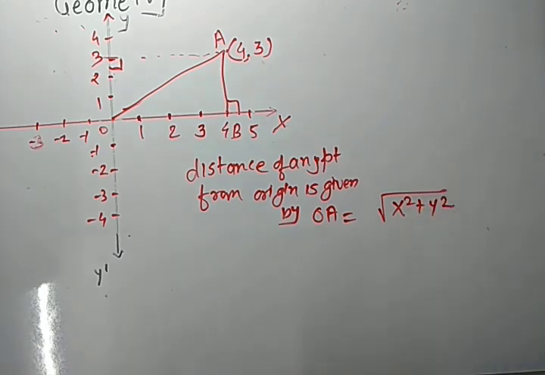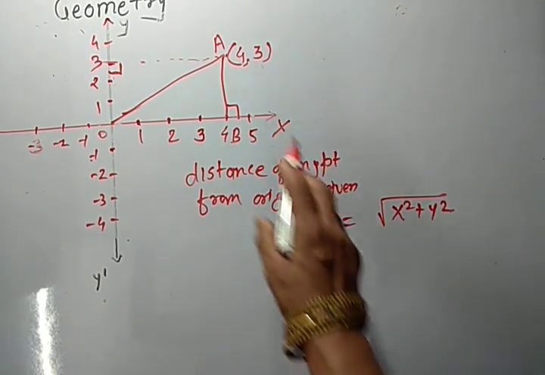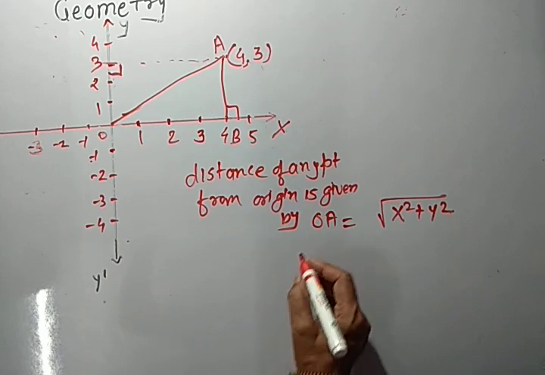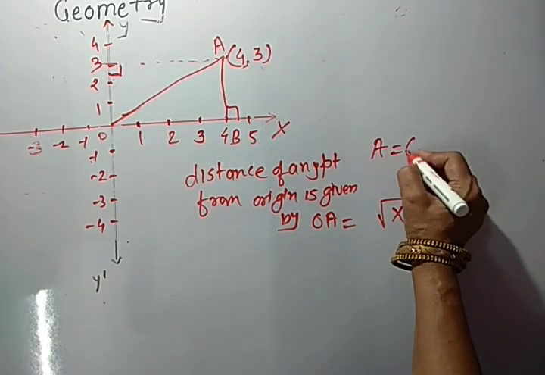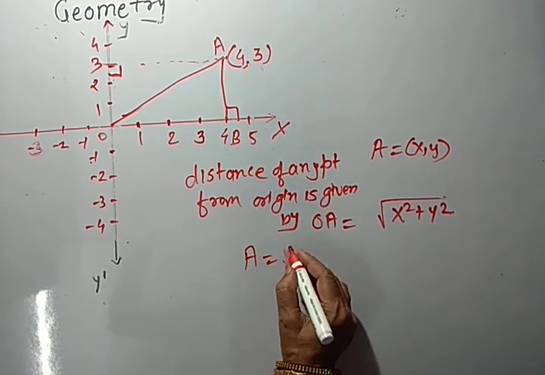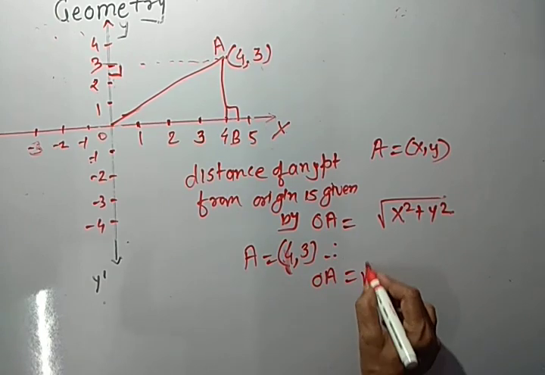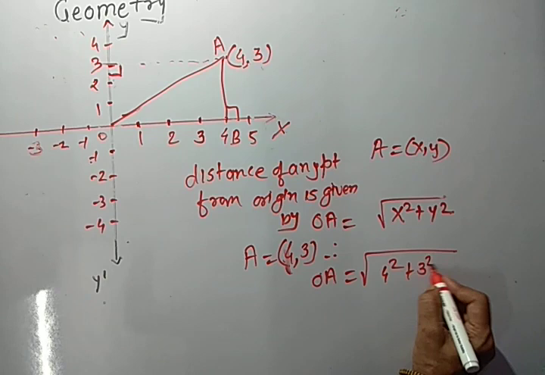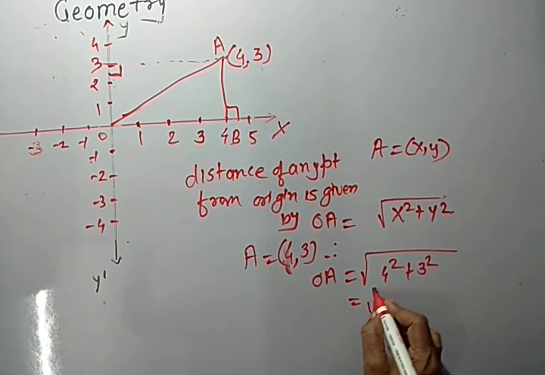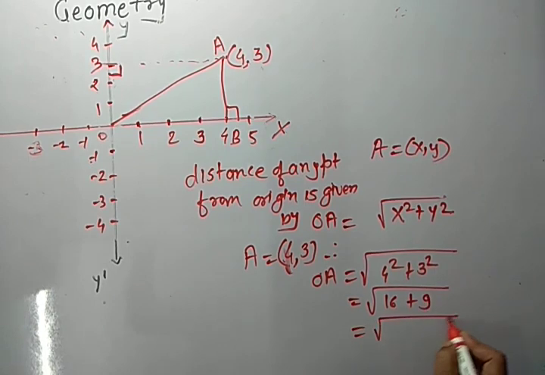No need to use any other formula than this. It is just square root of x square plus y square, where x is the x coordinate and y is the y coordinate, for A is equal to (x, y). Here A is equal to 4, 3. Therefore, OA is equal to square root of 4 square plus 3 square, that is equal to square root of 16 plus 9, that is equal to square root of 25.